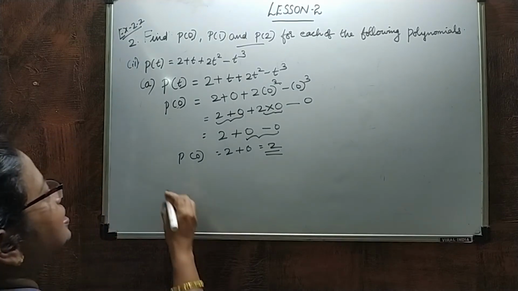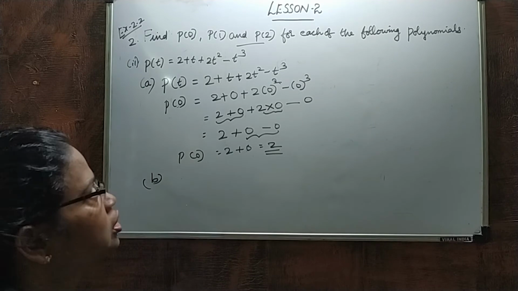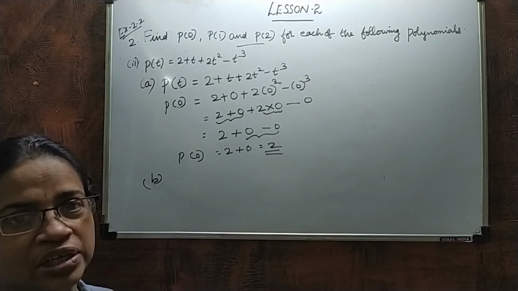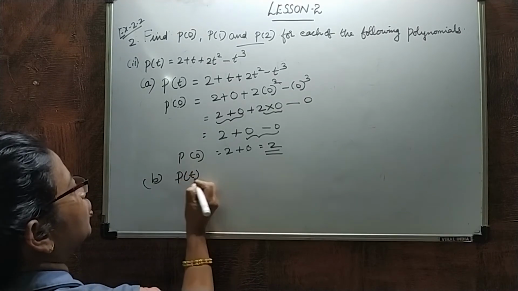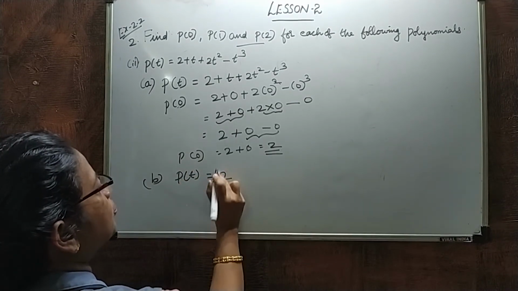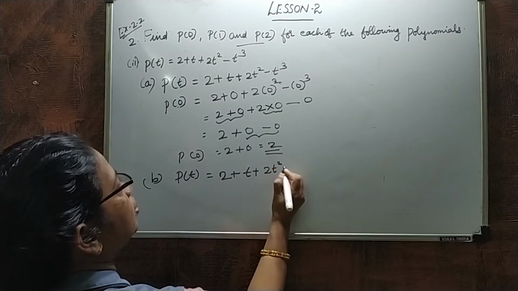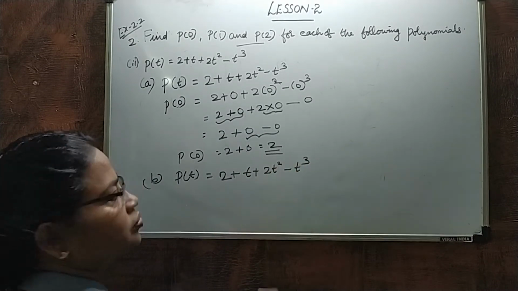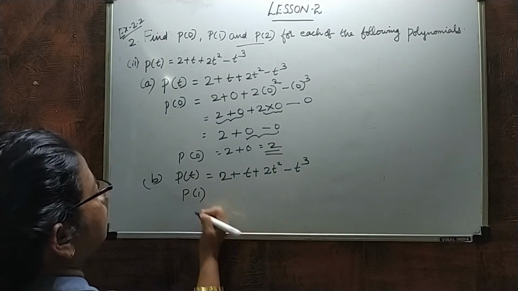Okay. Then second question, B. You have to substitute number 1 instead of t. So you have to write P of t is equal to 2 plus t plus 2t square minus t cube. Okay, just substitute, then P of 1.